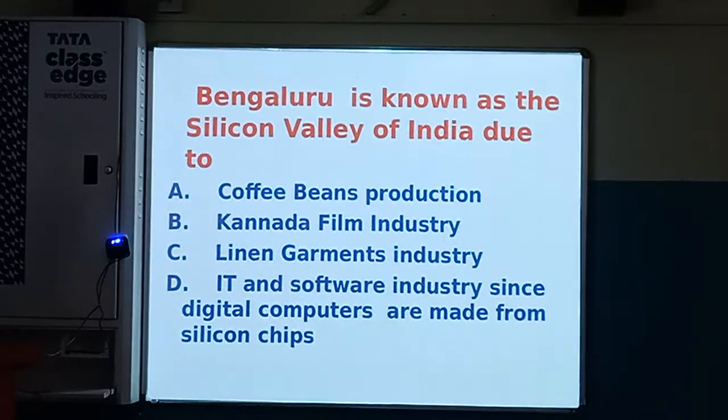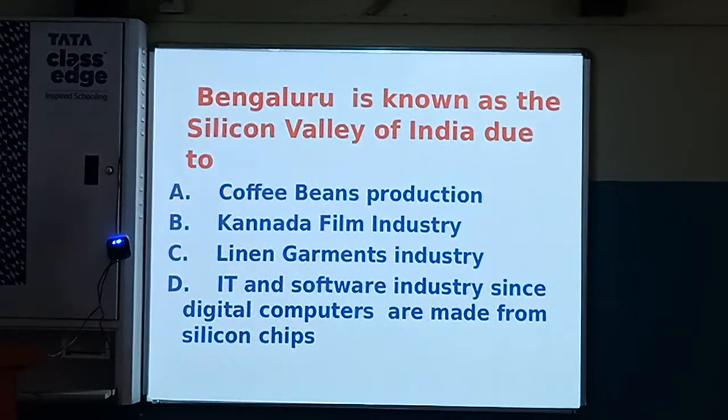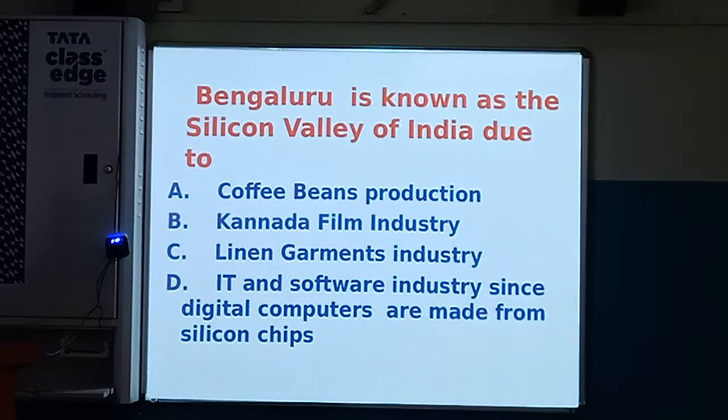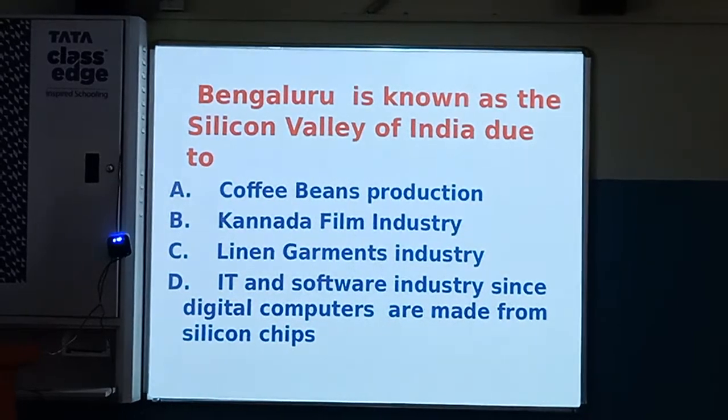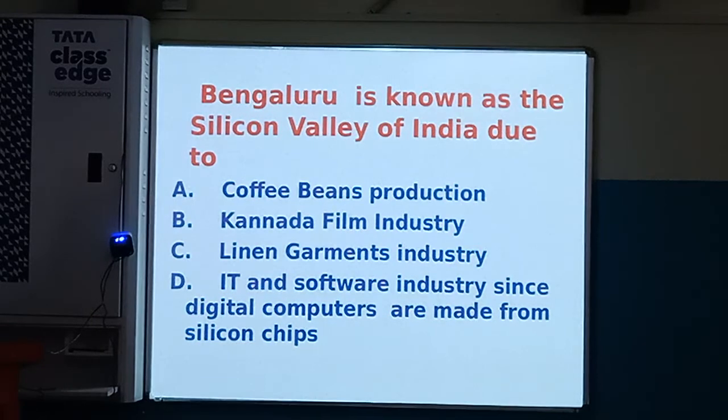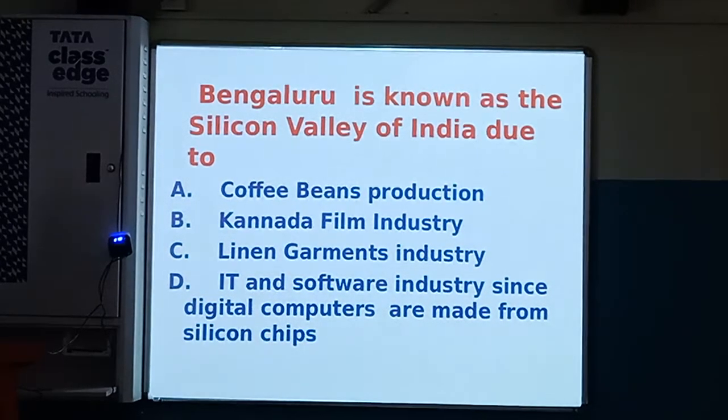Bangalore is known as the Silicon Valley of India due to A. Coffee beans production, B. Kannada film industry, C. linen garments industry, D. IT and software industry since digital computers are made from silicon chips. You can see the option lengths are not similar, so there will be guessing. Generally, most of the times when the option lengths are not similar, the longer one will be the correct option.